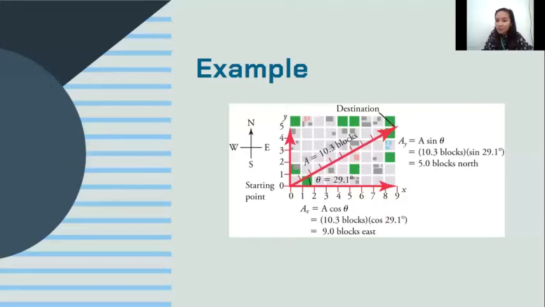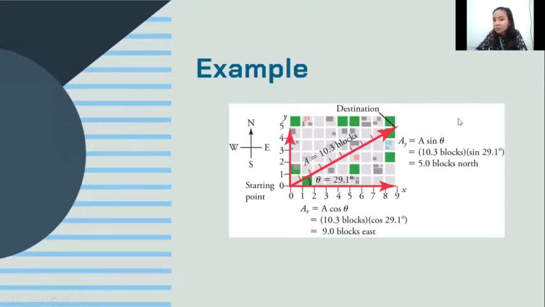For example, we have here the same example as the graphical method, but done using the analytical method. How do we do that? Given vector A, which is 10.3 blocks, and your angle is 29.1 degrees, you are going to look for your y and x components.